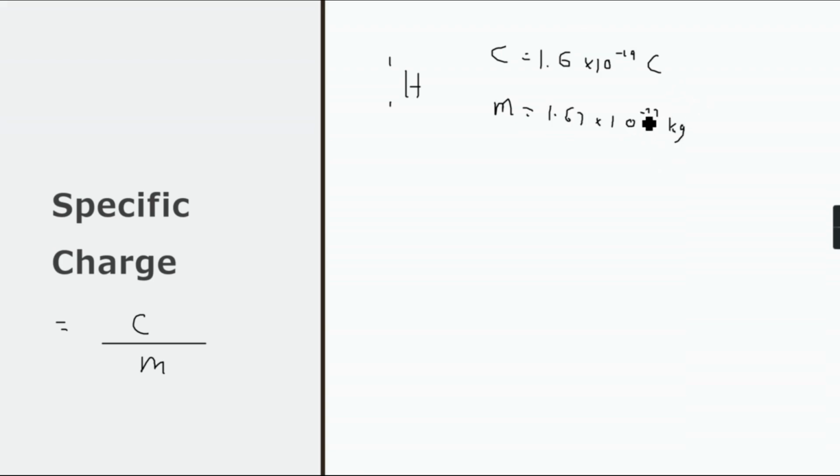All you've got to do is divide these, and if you put that in your calculator, you get a specific charge of 9.58 times 10 to the 7, and the unit is coulombs per kilogram.